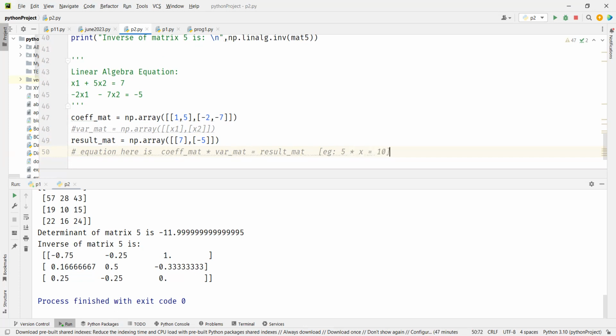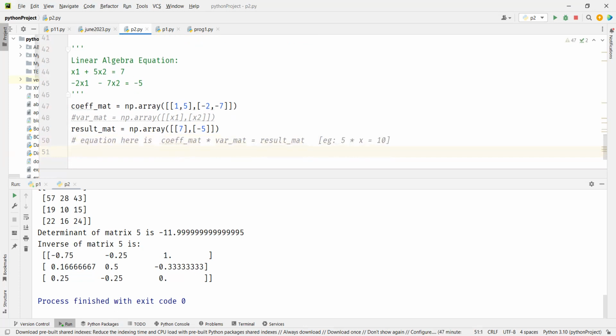Now, if I need to find x, what do we do? We take 5 to the other side. The variable matrix is what we need to figure out. So 5 goes on the other side and becomes an inverse, right?